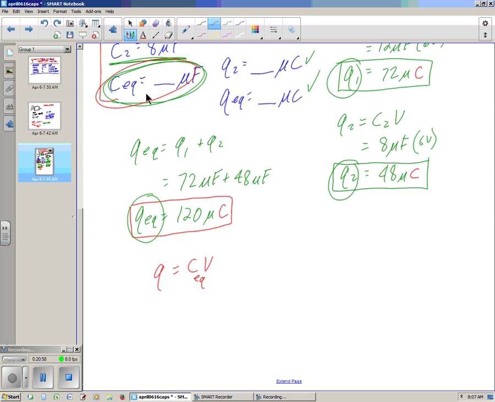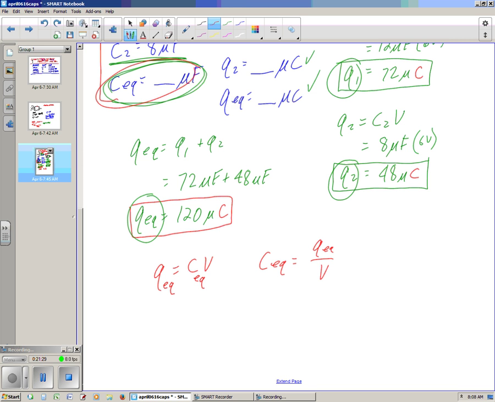We don't need to call it V equivalent because all of the V across every one of these capacitors is going to be 6 volts. But we do need to call this Q equivalent. So our working equation then is going to be V equals Q. Oh, no, I'm not solving for V. I'm solving for C equivalent. So C equivalent is going to be equal to Q equivalent over V.